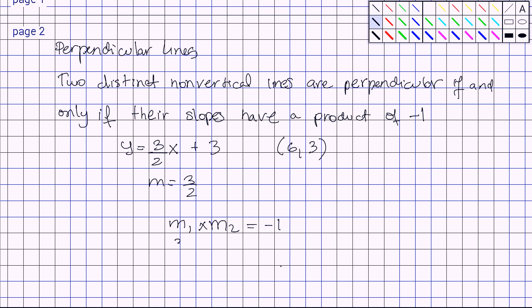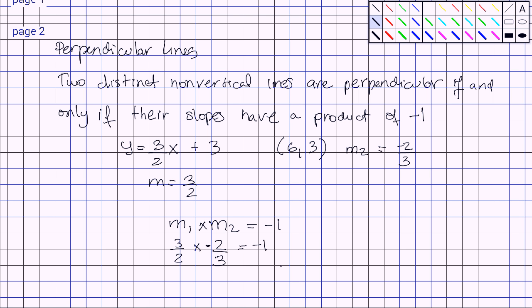If my slope is 3/2 for the first line, what does the second slope need to be to get a product of -1? I have to use the negative reciprocal of the first slope, and that will give me -1. So m2 must be -2/3.